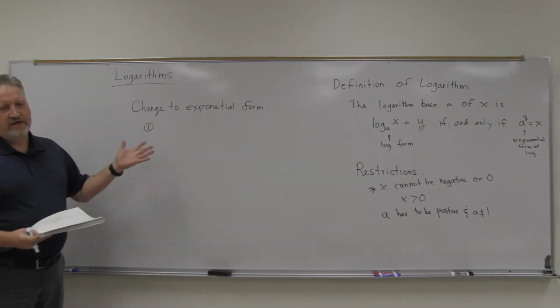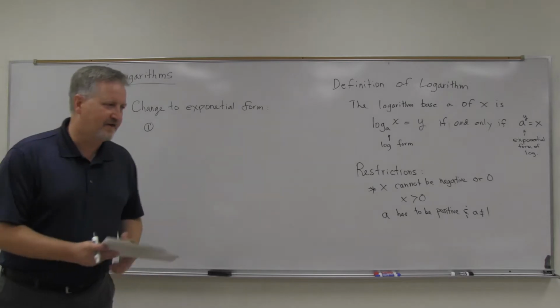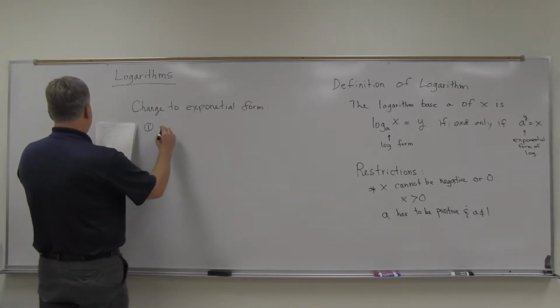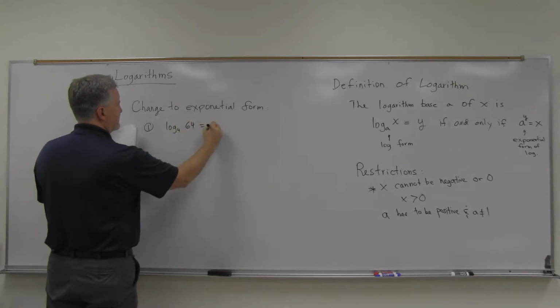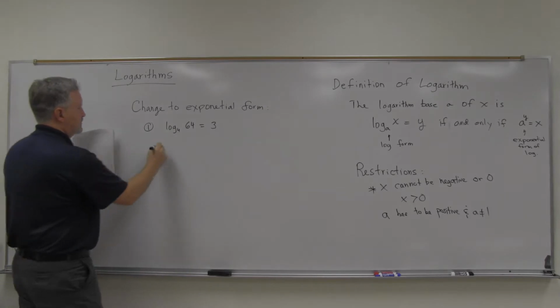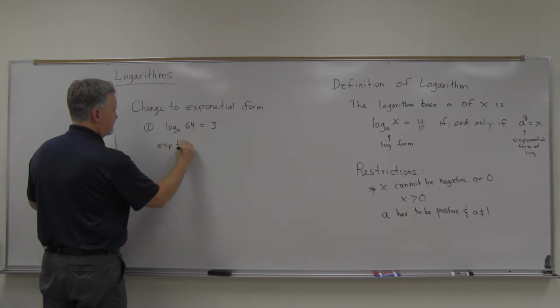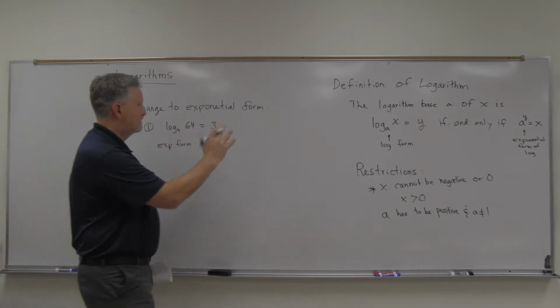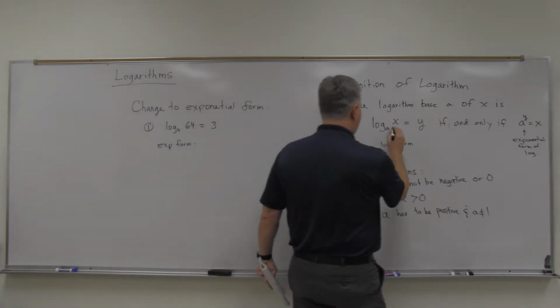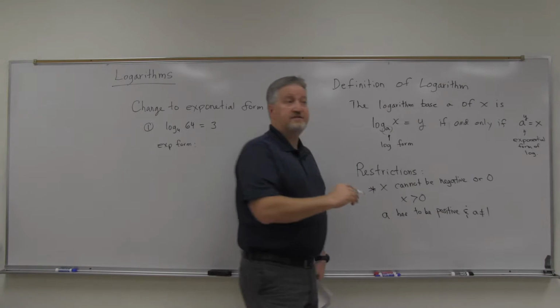All right, so let's do a couple just to see how it works. Change to exponential form. This is log base 4 of 64 equals 3. So we want to change that to the exponential form. You just follow the pattern here. This is the base of the logarithm.